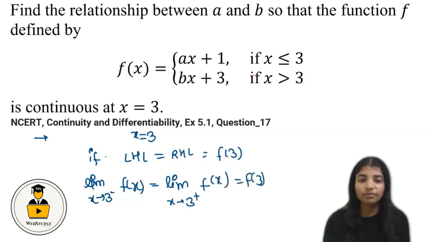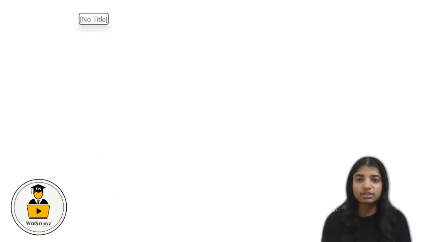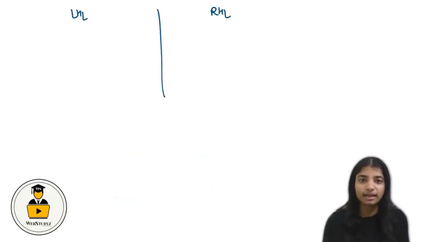Let's say this is the left hand limit and this is the right hand limit. The left hand limit is limit x tends to 3 negative f of x, which means x is approaching 3 from the numbers which are less than 3, so the value of x is near 3 but somewhat less, by a very minuscule or negligible amount.